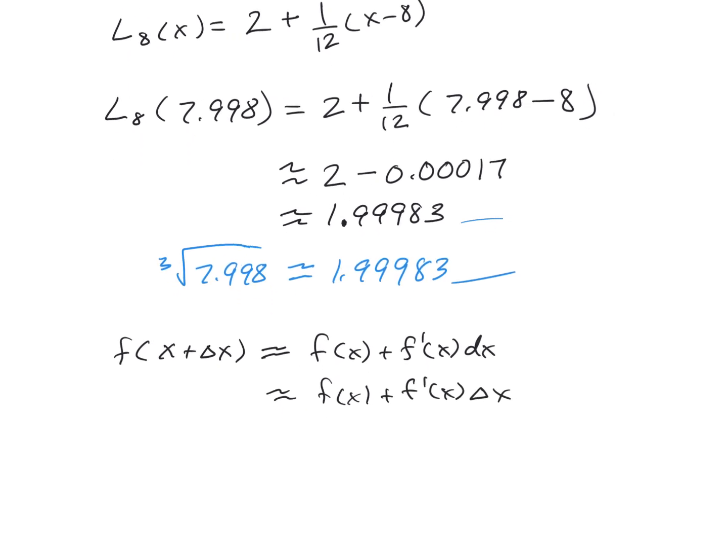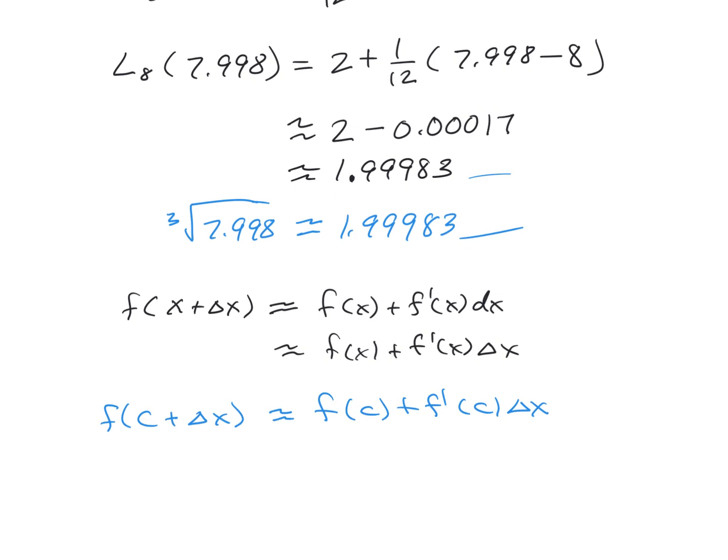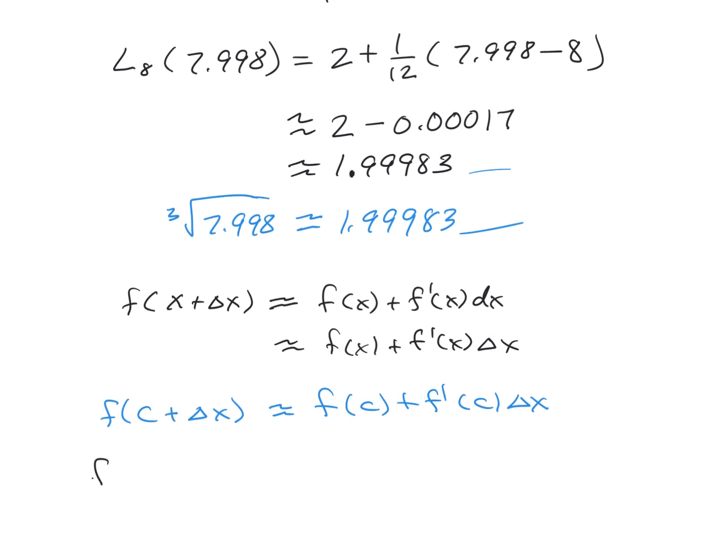So in this problem here, if we think of x as c, we have f of c plus our delta x is approximately f of c plus f prime of c times our delta x. So this is going to be f of 8 plus a negative 0.002 is approximately f of 8 plus f prime of 8 times our negative 0.002.